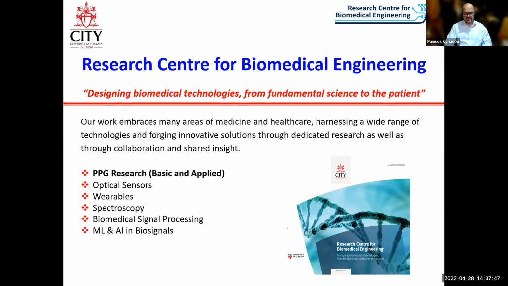And of course, a lot of signal processing, machine learning, and artificial intelligence in biosignals. You can have the best hardware, the best sensor, but it's really how you squeeze the signal, in this case the PPG, in order to extract vital information in relation to disease and provide clinicians or the users, if it's used at home, with different biomarkers.